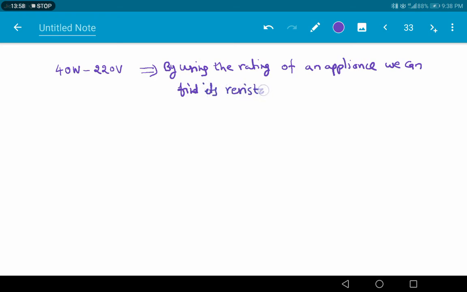Sir, how can we find its resistance? By using this information. So we know that power P is equal to V square by R. Am I correct? So can I write here, wattage is given, operating voltage is given, so can I write R is equal to V square by P. That means indirectly the rating gives the information about the resistance of the device.